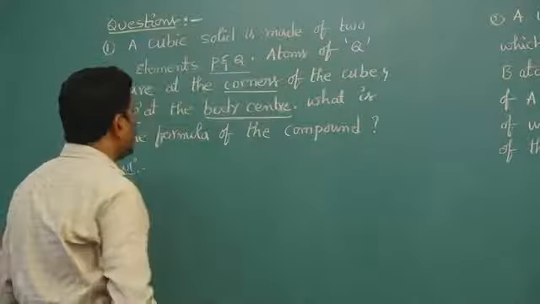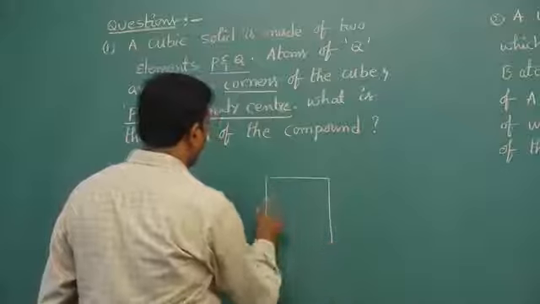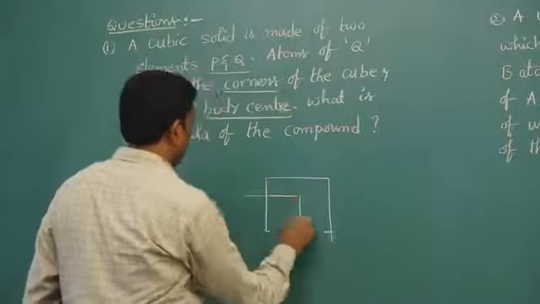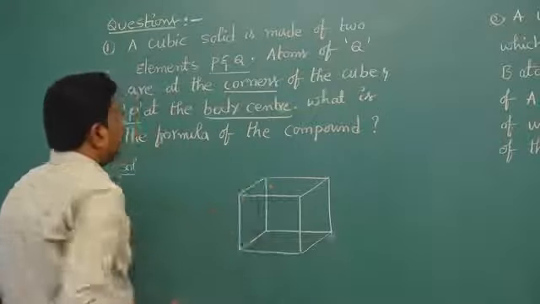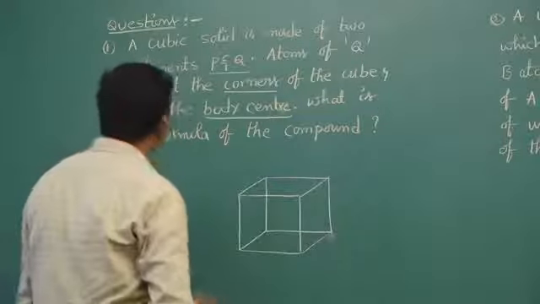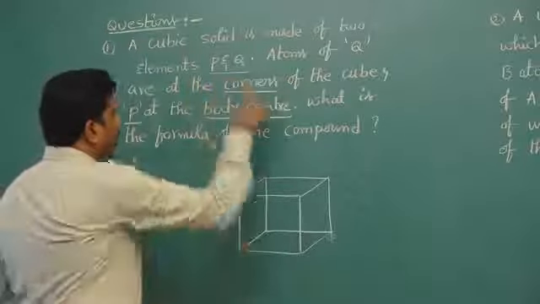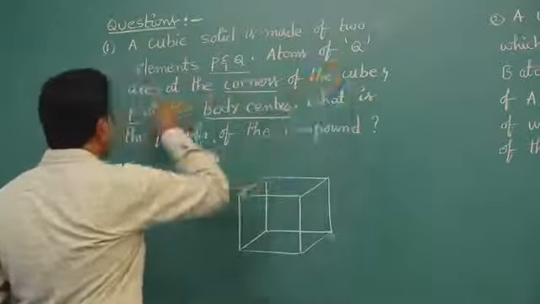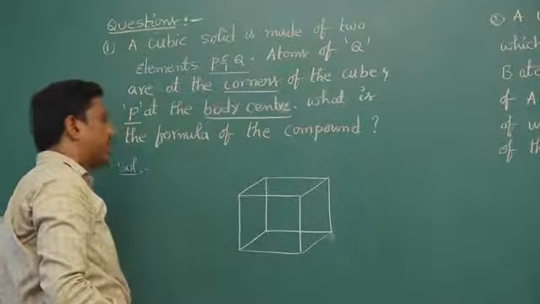So, for this, a cubic solid, I am drawing a simple cube, and they said that this unit cell is made up of P and Q. Q are at the corners. How many corners are there? 8 corners.